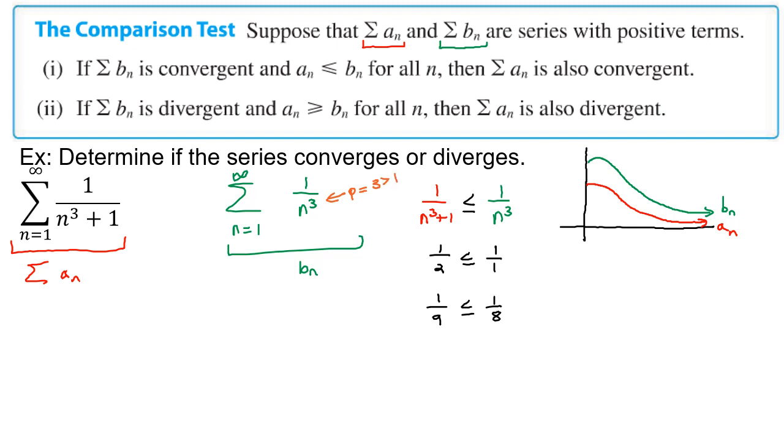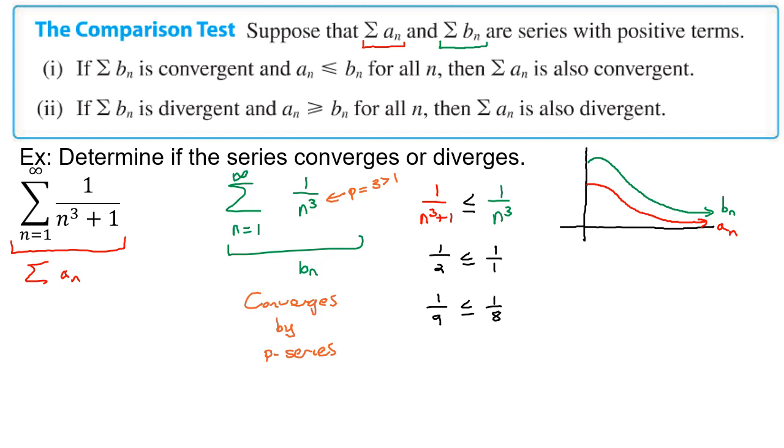And if you remember from the p-series that we talked about in the last section, if p is bigger than 1, this series converges because it's a p-series, as long as your power is bigger than 1. Remember, less than or equal to 1, it diverges, but greater than 1, it converges. And so now I know I have a convergent b sub n.